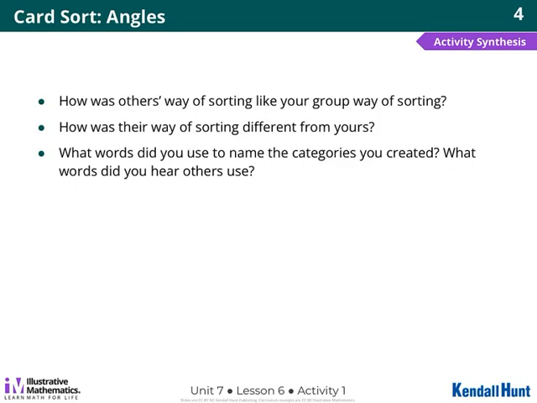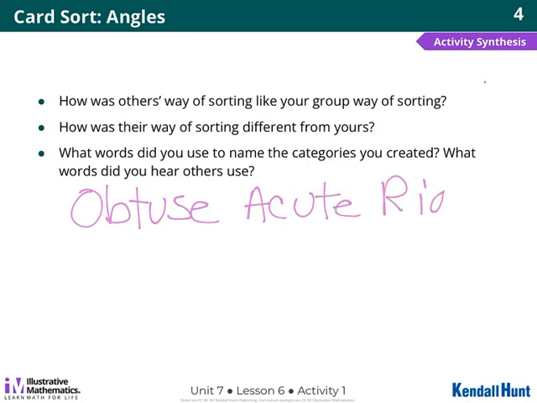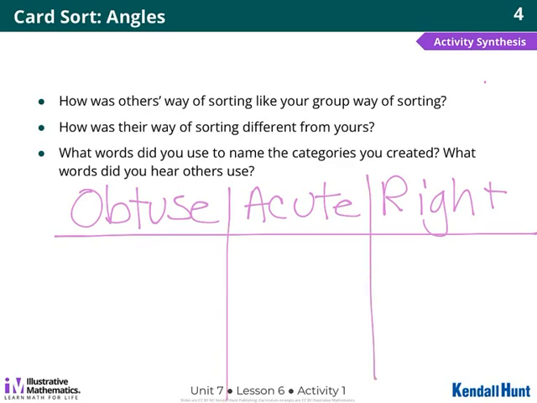Obtuse, straight, acute, and line, and right. Yeah. Okay, so you did obtuse, acute, and right. Okay, and you noticed other people did that also? Yeah. Okay, how were other people's sorting different from yours?